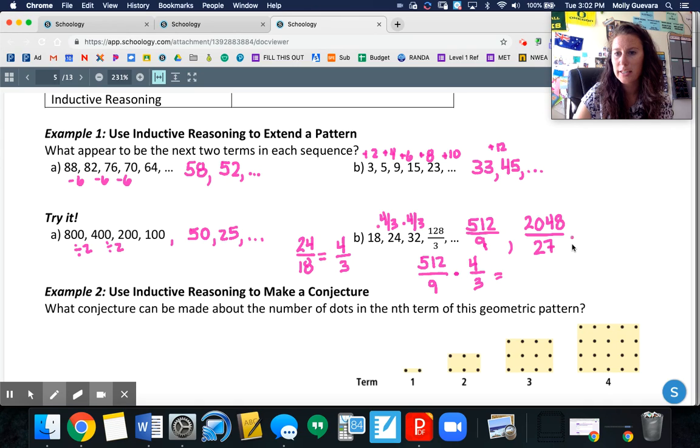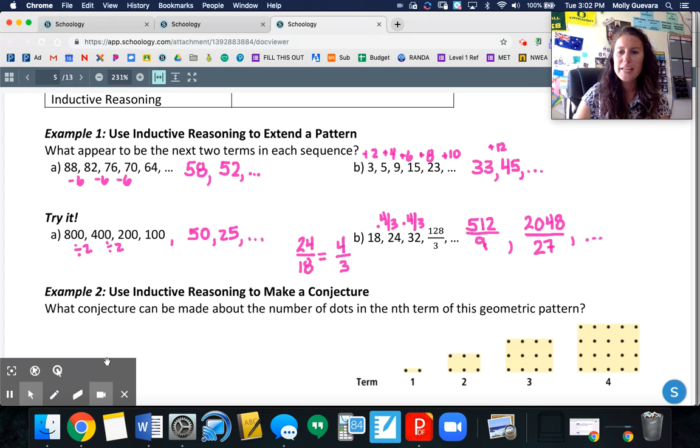So that's the next number. And then I could keep going and find the next number and the next number, but it only asked me to find 2. So all we're doing here is using inductive reasoning to figure out a pattern and then to extend that pattern by 2 more terms.